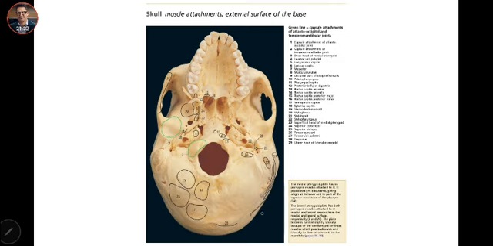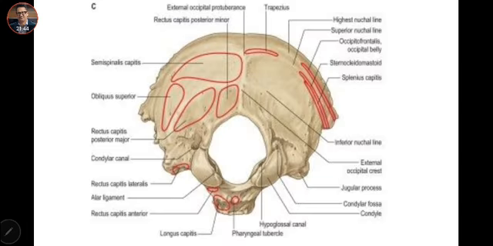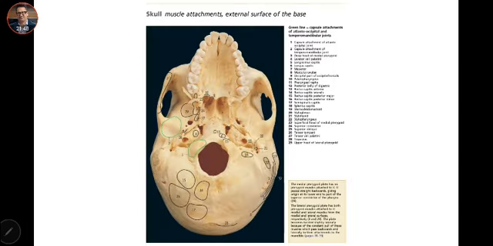This also contains the attachment of the occipital belly of the occipitofrontalis, the trapezius. You can study later on your own. I'll discuss with you these important structures. If you want very detailed attachments, it's all labeling. I will send you this attachment picture separately.